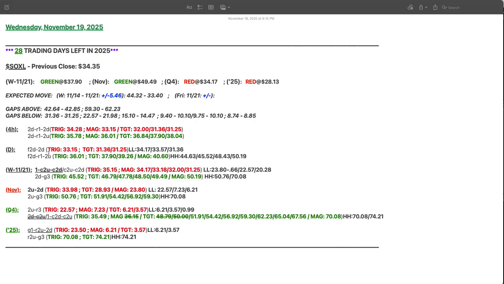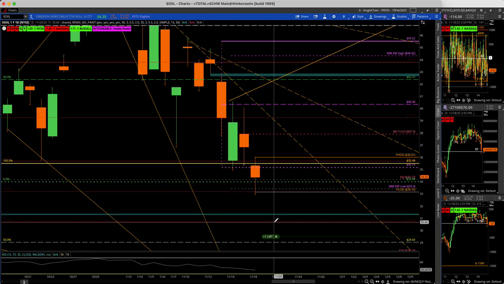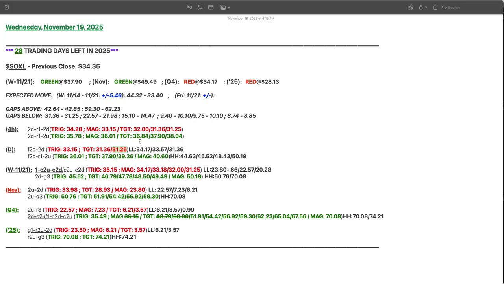All right, from the day perspective, one more time. Two down, continuation. Trigger at 33.15. Extended targets of 31.36 and 31.25, which is the gap opening, gap close. And we'll go ahead and add the 30.68 as well, which is the 38.2 fib of the April 7 bull flag.